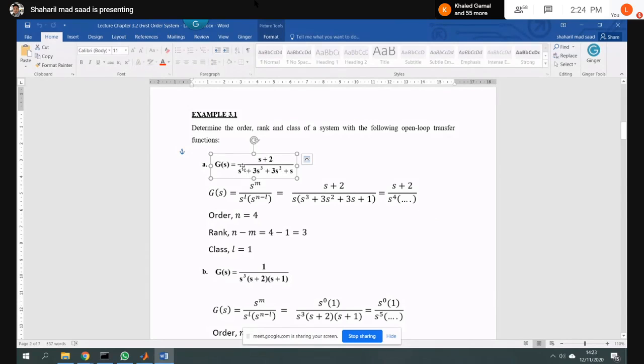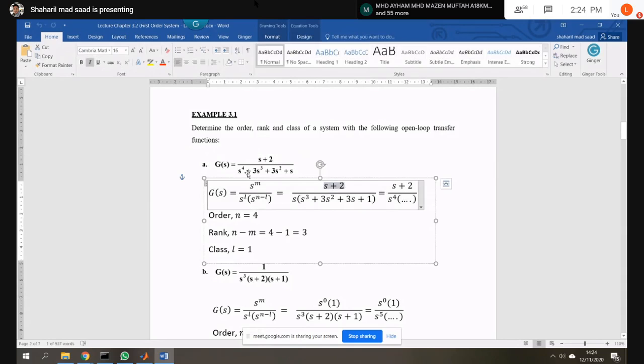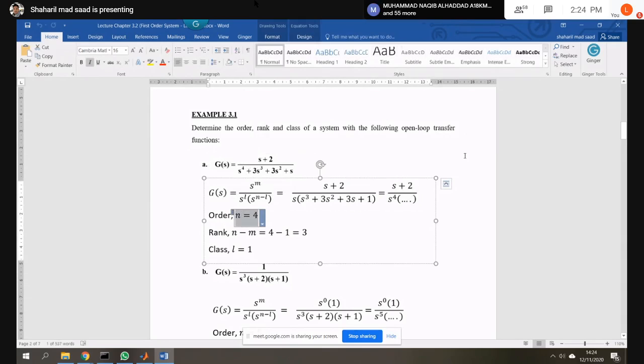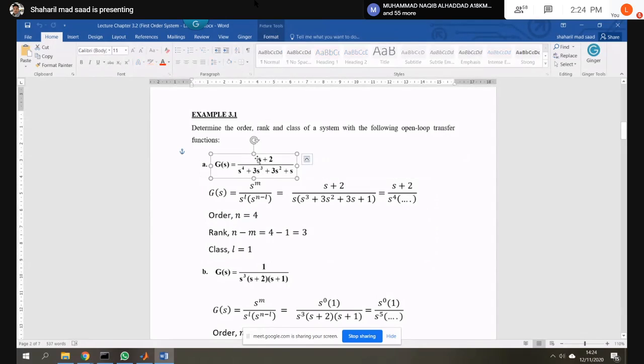So that means you need to look at the highest value, alright? So this one will determine the order of the system, okay? For example, this one S plus 2, and then for example, like this one, the order is the highest one, S power of 4, that means the order equal to 4, right? N equal to 4. That means this is the fourth order system, okay?